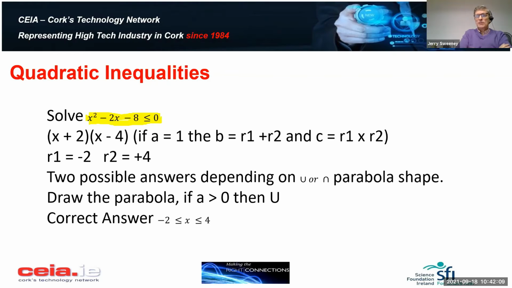And if you have Desmos open, you can prove that to yourself by taking minus x squared plus 2x plus 8, and you will find that the graph inverts. If you've inverted the inequality, then you get the same answer, but if you don't invert the inequality, you get a different answer.